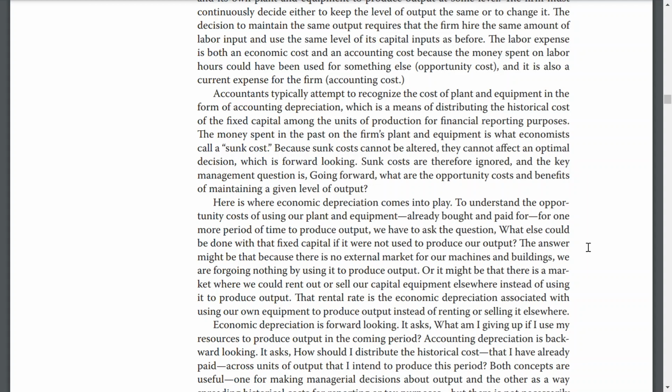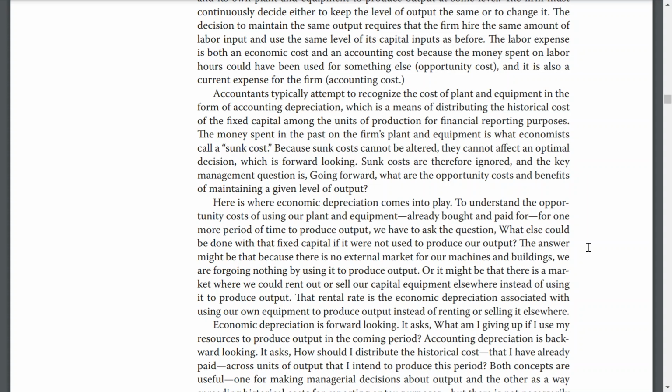Here is where economic depreciation comes into play. To understand the opportunity cost of using our plant and equipment, already bought and paid for, one more period of time to produce output, we have to ask the question: what else could be done with that fixed capital if it were not used to produce our output?